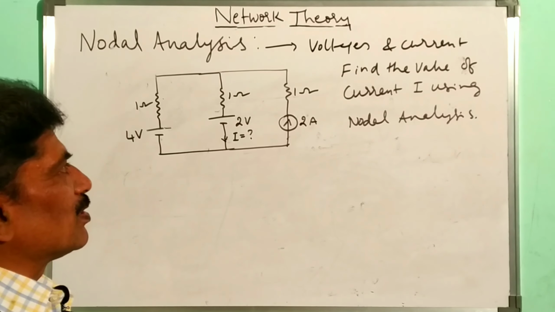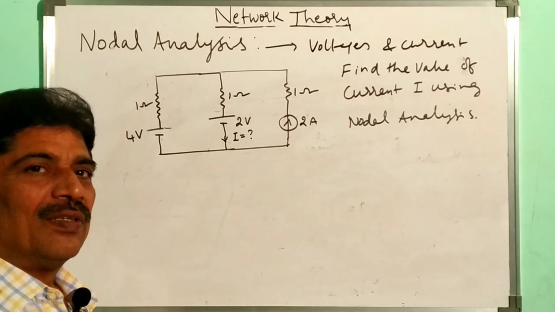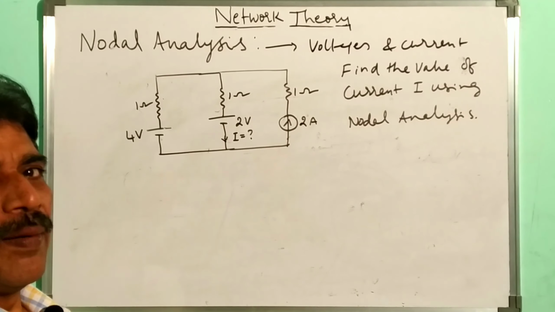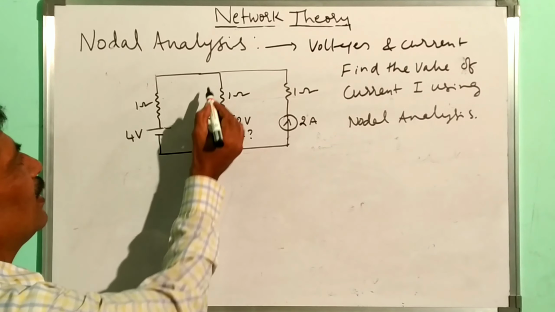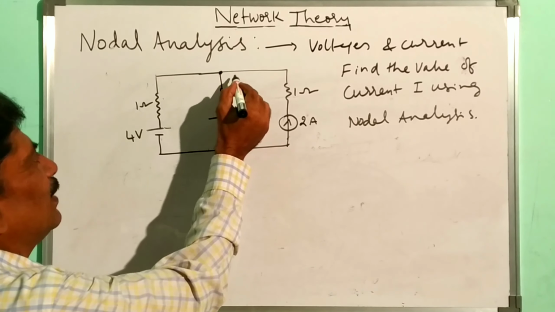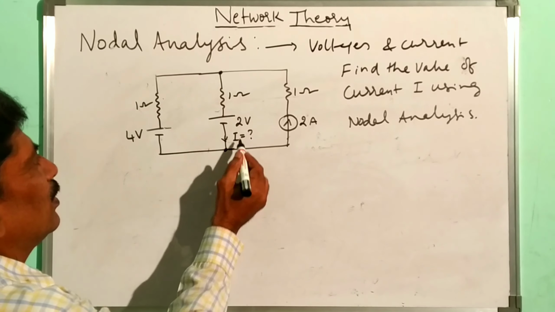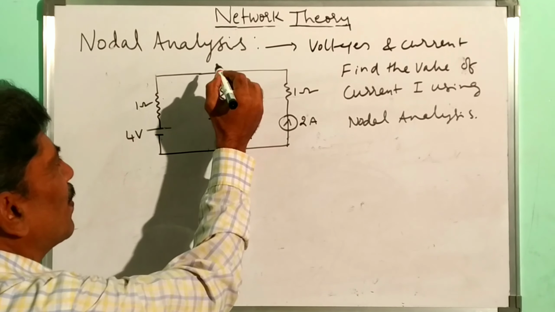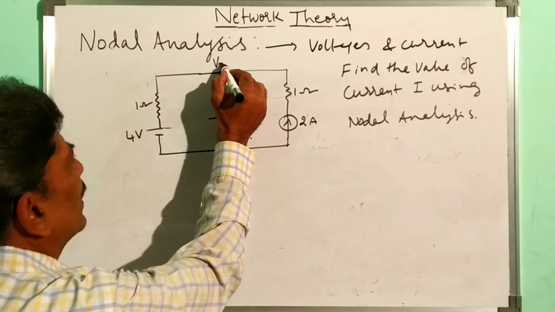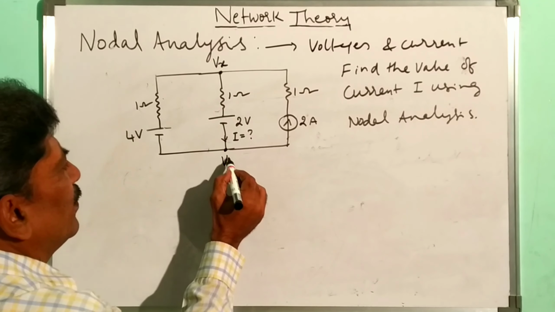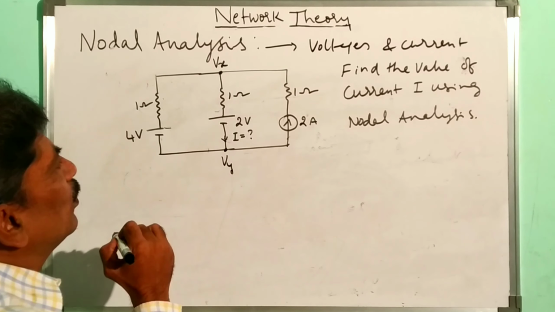Find out the principal nodes now. A principal node is a node to which 2 or more branches are connected. So here this is the node to which 3 branches are connected, 1, 2 and 3, and this is another node. Let this be Vx and let this be Vy. 2 principal nodes are there now.